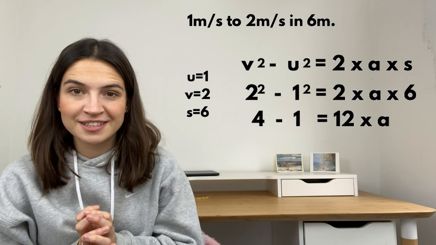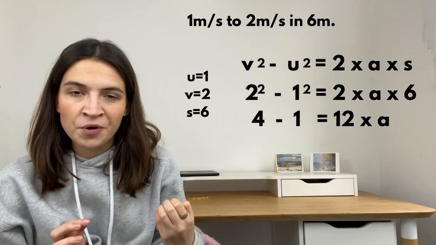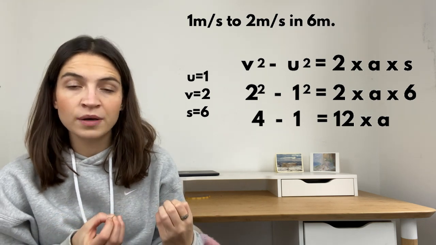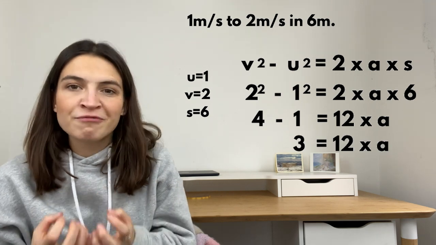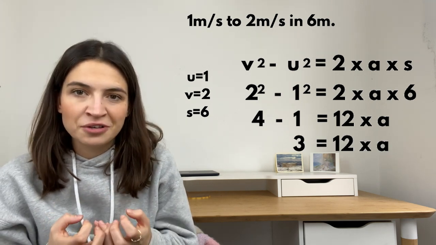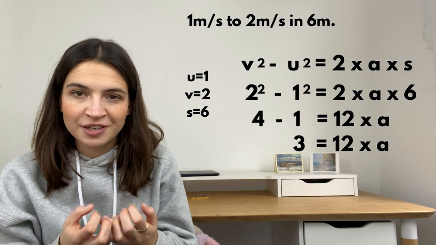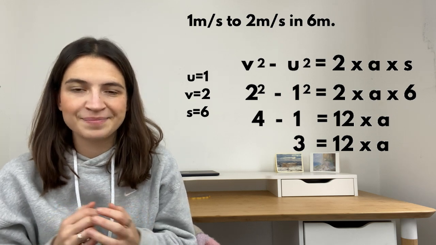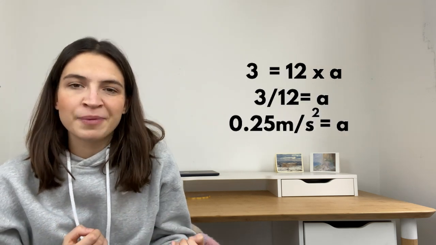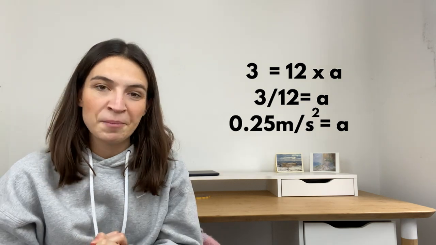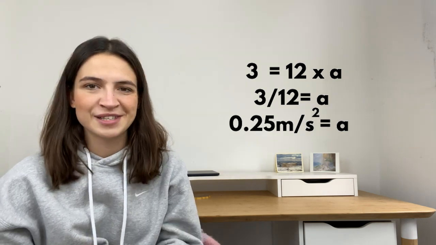On my left hand side, 2 squared is 4 minus 1 squared, which is 1, gives me 3. On my right hand side, 2 times 6 is 12, so I have 12a. 3 divided by 12 is equal to 0.25 meters per second squared.